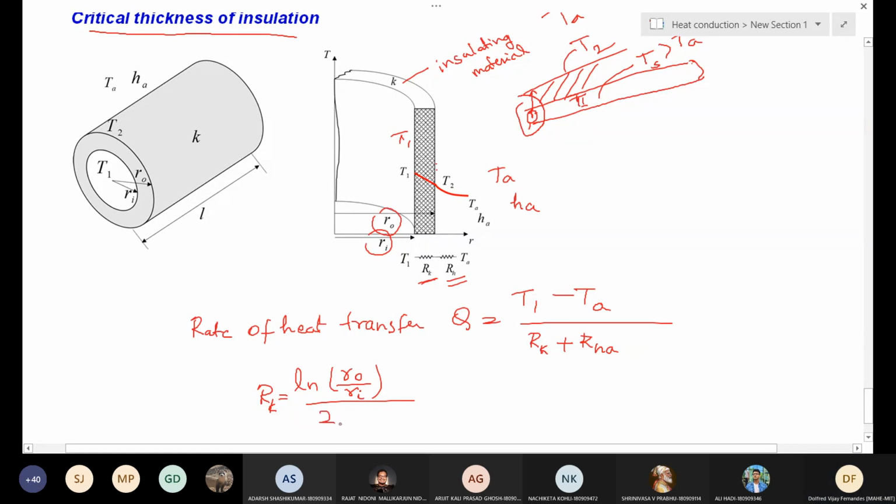Any doubt? No, right? Okay. So then what is the convection resistance outside? Come on. What is the resistance outside? Convection resistance: 1 by hA into the outside area A. So tell me what is the outside area?